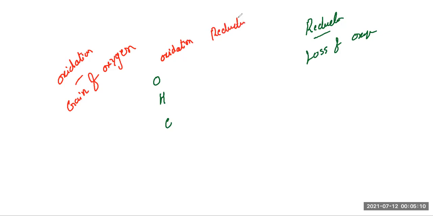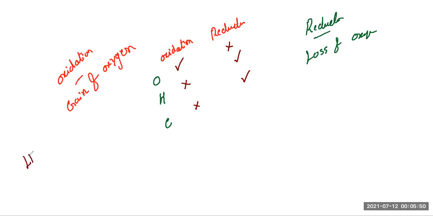As we are aware, gain of oxygen is oxidation and loss of oxygen is reduction, and loss of hydrogen is also called oxidation, and loss of electron is also called oxidation, and gain of hydrogen and gain of electrons is also called reduction. So not only gain of oxygen is called oxidation, but loss of hydrogen and loss of electron are called oxidation. And not only loss of oxygen is called reduction, but gain of hydrogen and gain of electron is also called reduction.